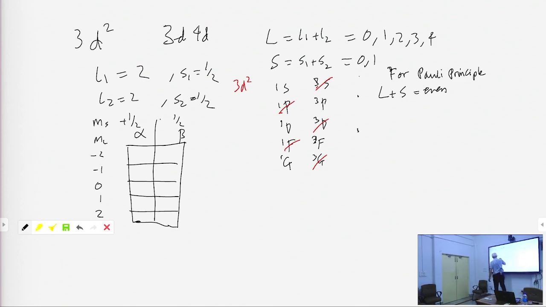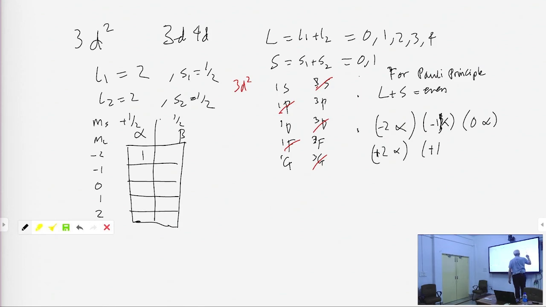So if we start off with one particle there, so that's -2 alpha. The other possibilities we can have is -1 alpha, 0 alpha, +2 alpha, I've done this in the wrong order, +1 alpha. There should only be 4 of them. What have I done wrong?